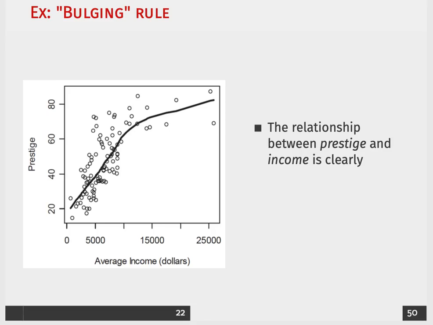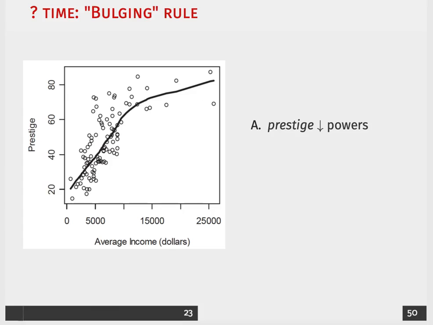To drive this point home, let's go over an example. Here we can see the relationship between income in dollars and prestige. This relationship is nonlinear, it's pretty simple, and it's monotonic. What should we do? We have a couple of different transformations at our disposal.